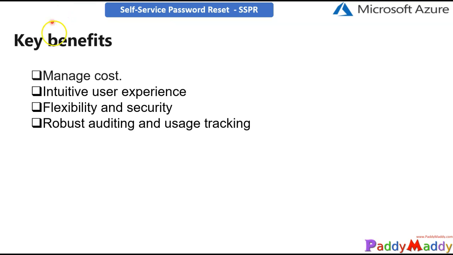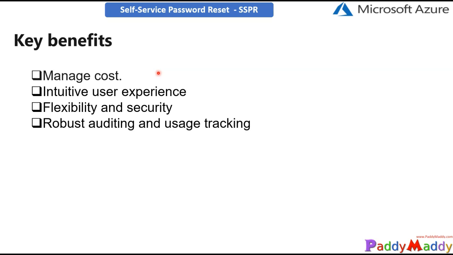Coming back to the key benefits, as I said at the beginning of this lecture, you can manage cost because you're not investing much time on end users, you're saving cost on the help desk, and you're making your end users more productive no matter the time or where they are. The user experience is also super, because users feel they are using advanced features to reset their own passwords.